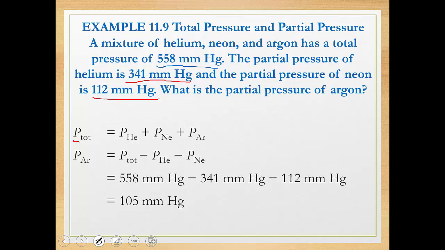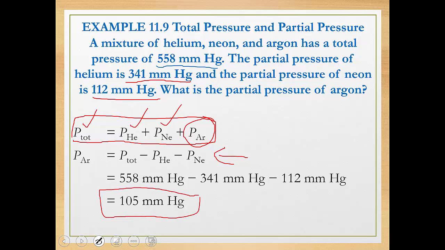The total pressure is equal to the sum of the partial pressures. So I have the total pressure, the pressure of the helium, and the pressure of the neon. I just need to solve for the pressure of the argon. I subtract the pressure of the helium and the neon from the total pressure, and I find that the argon is exerting a pressure of 105 millimeters of mercury.